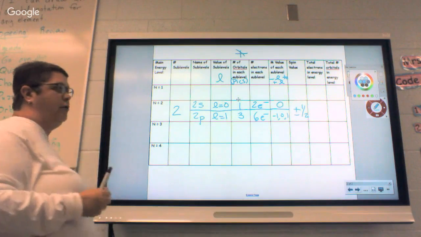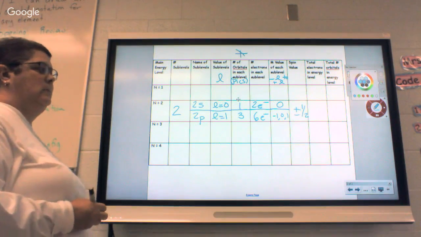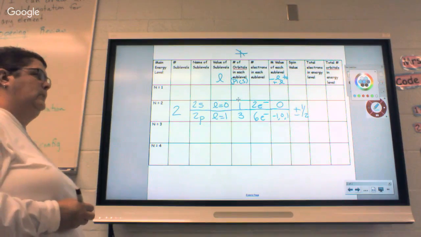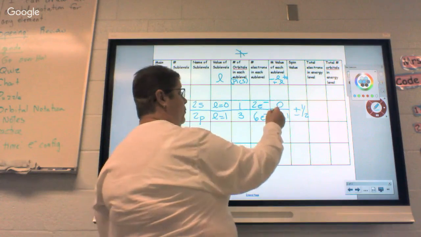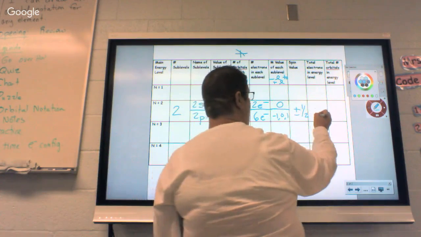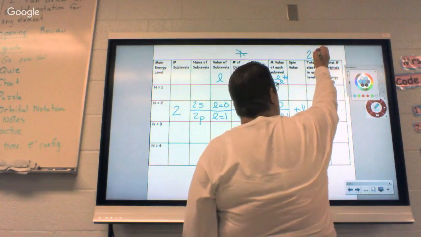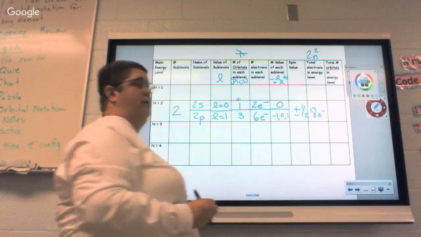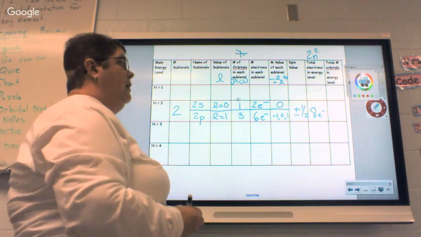Now, how many total electrons would be in the energy level? Okay, I can either add my 2 plus my 6 and get 8 electrons, or I can say 2n squared. I can do either one.